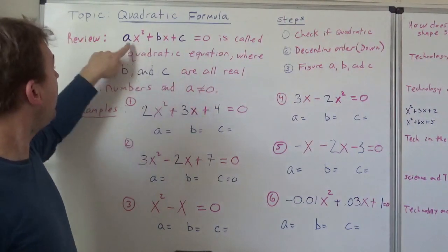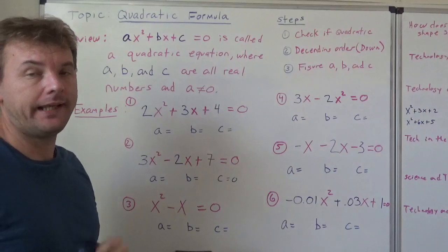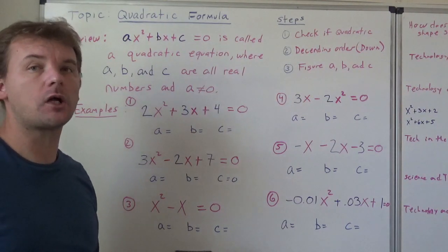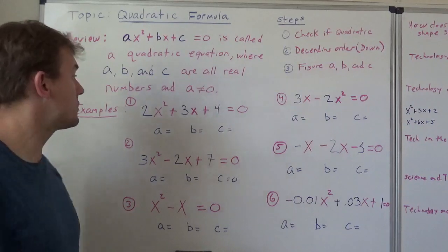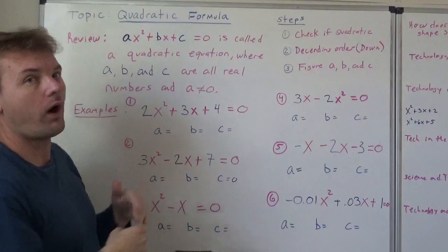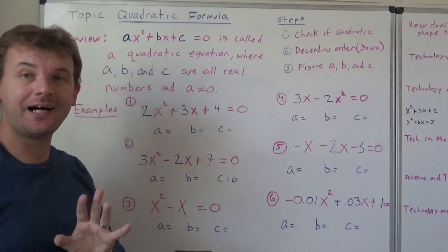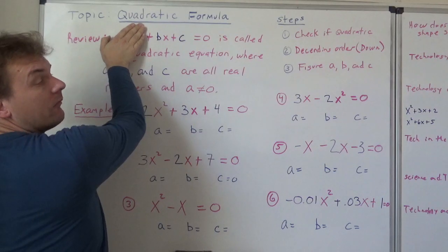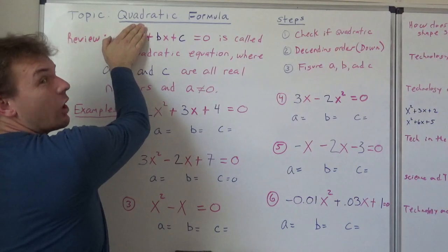But a, the beginning number, cannot be 0, because if it's 0, you don't have a quadratic equation anymore. If a equals 0, the squared term goes away.